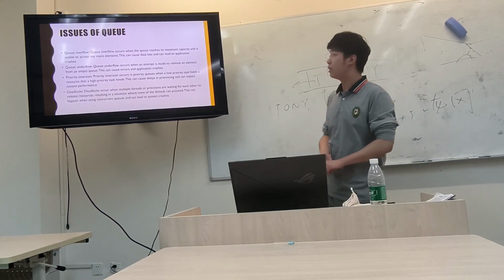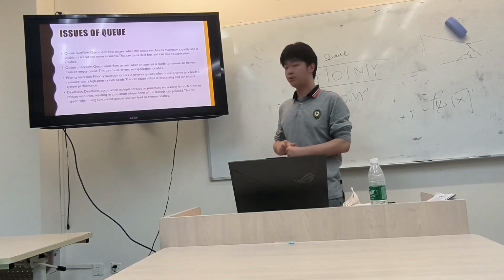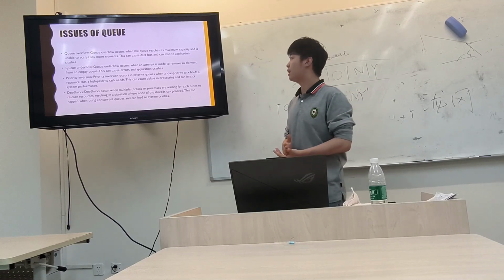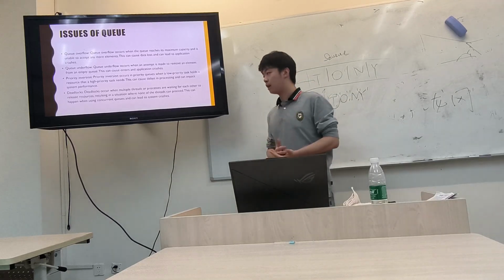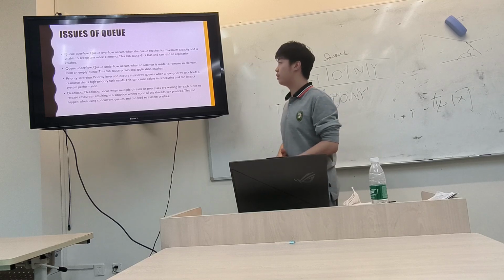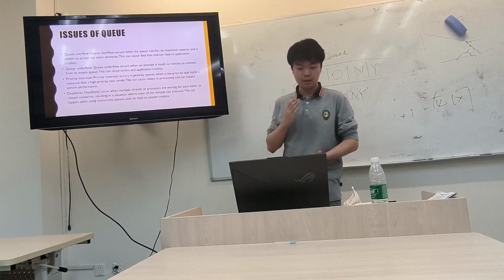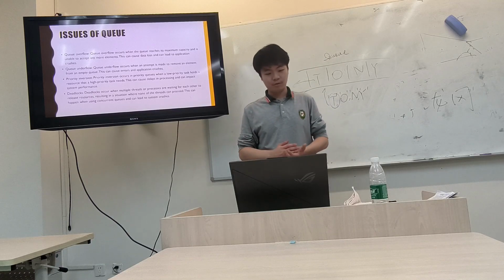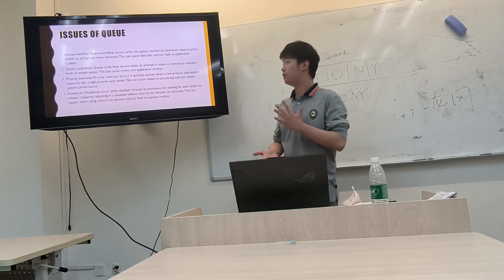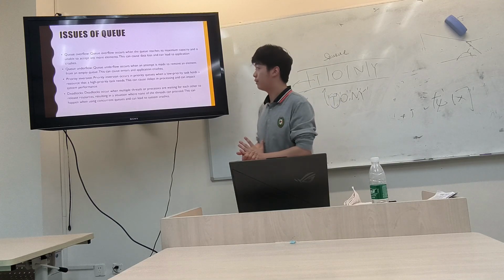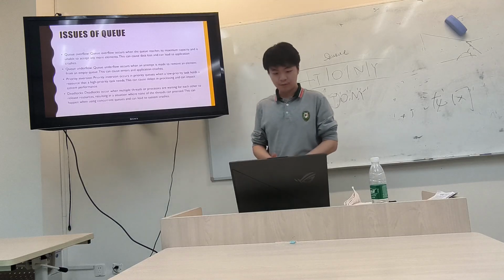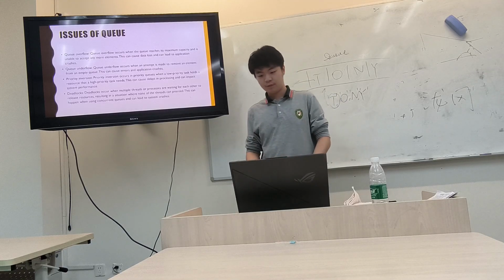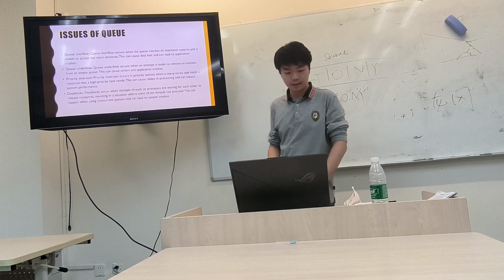Okay. So here are some common issues of a queue. So if you find that your queue has a problem when you're writing a code, probably these are the probable issues. So the first is queue overflow. It is very similar to the stack overflow problem. So queue overflow occurs when the queue reaches its maximum capacity.